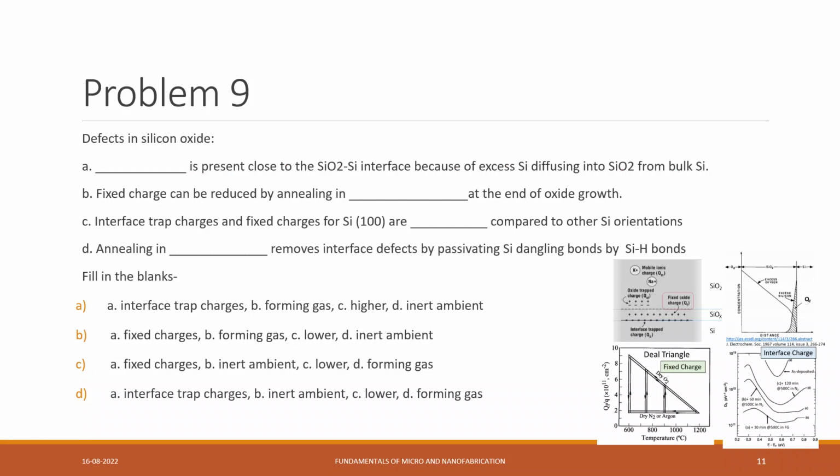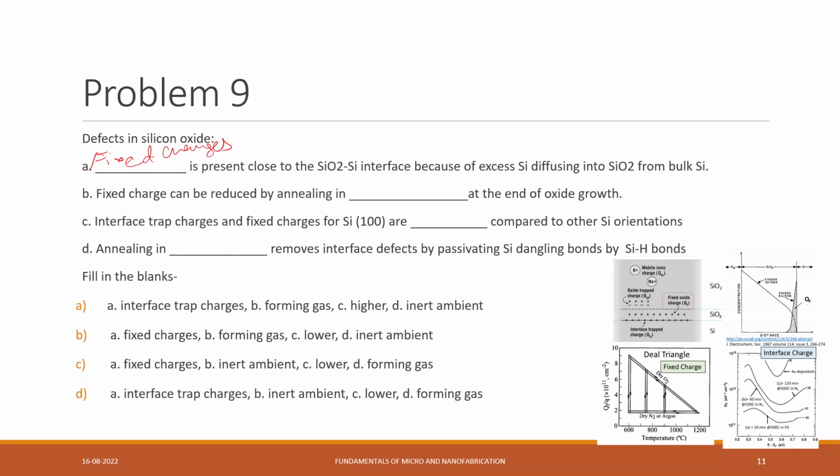The diagram shows that these fixed charges accumulate at the interface, not on the silicon side, not the silicon oxide side, but on the interface. So here it is essentially fixed charges. And they can be reduced by annealing at the end of oxidation.